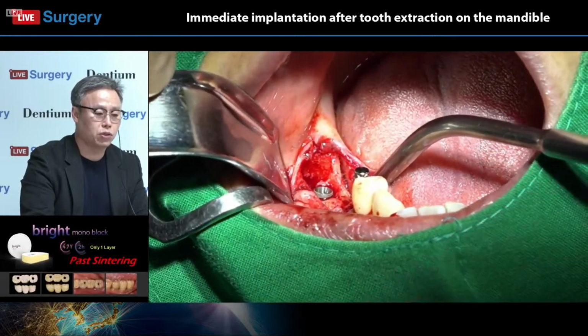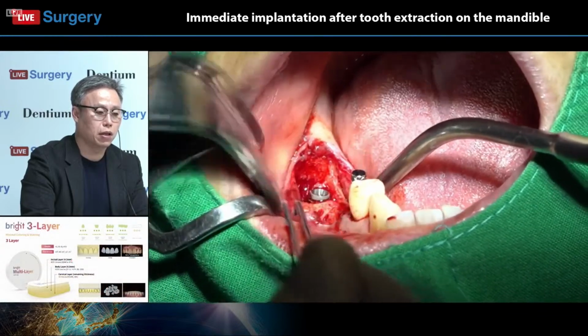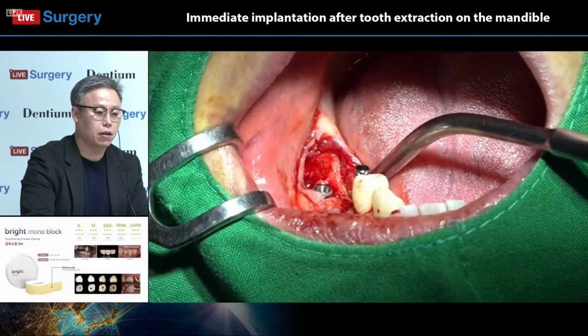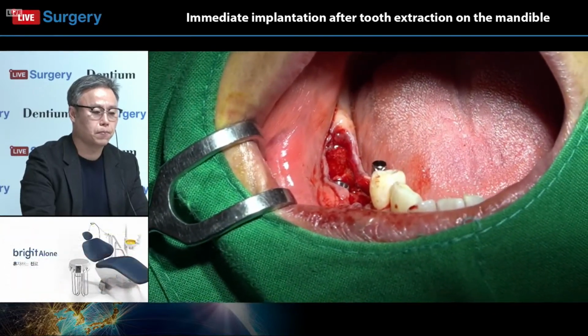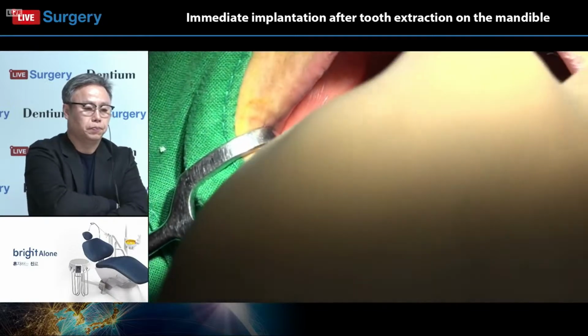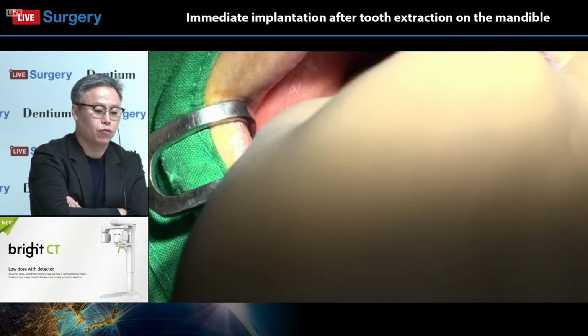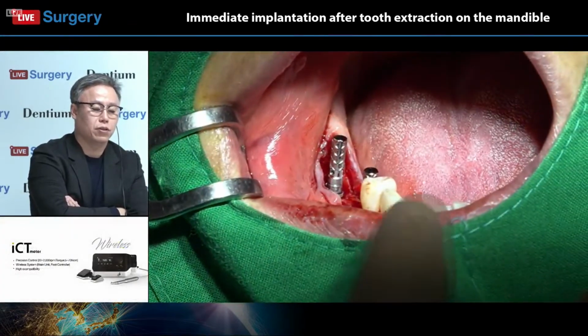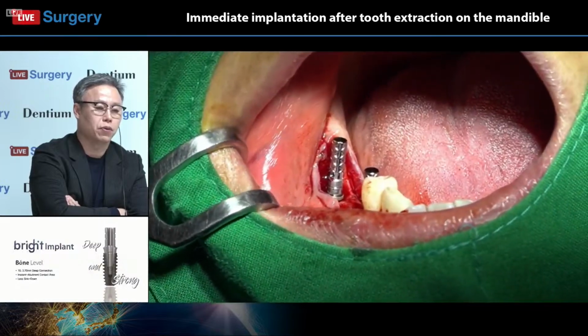One way we can make sure is that he's going to connect the direction pin again. If you don't have a direction pin, sometimes you can use the healing abutment. But anyway, we're going to use the healing abutment for this case.